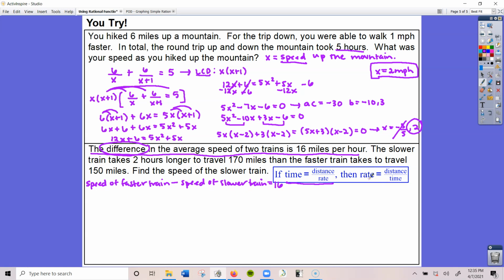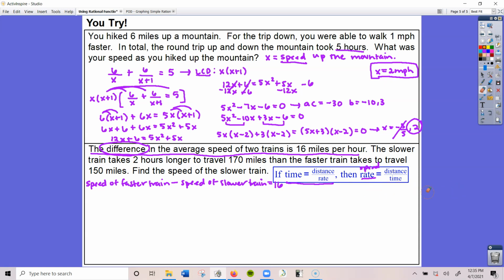Now here I have that if time is equal to the distance over rate, then the rate, which is the same as speed, is going to equal distance over time, which is the relationship I was talking about before. If you have the equation that distance is equal to rate times time, then if I were to solve for rate, I would have to divide by time, giving you that rate is equal to distance over time.